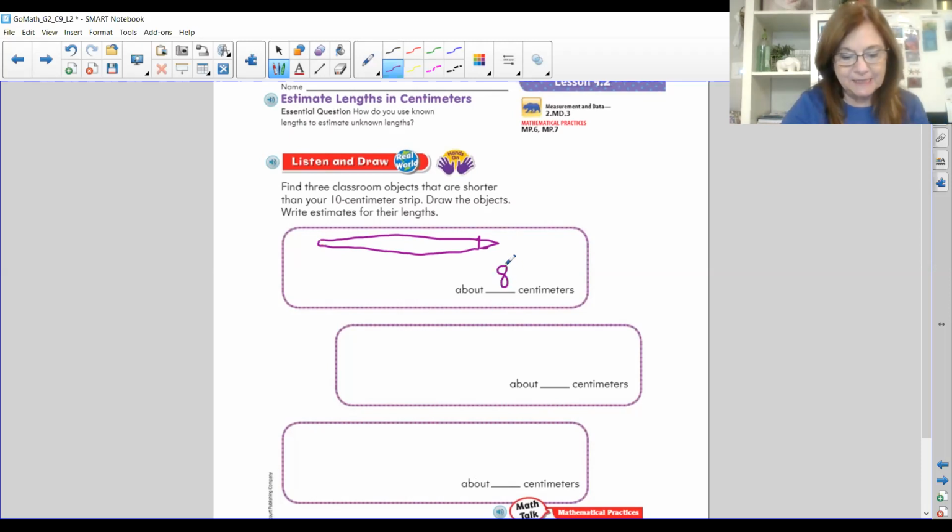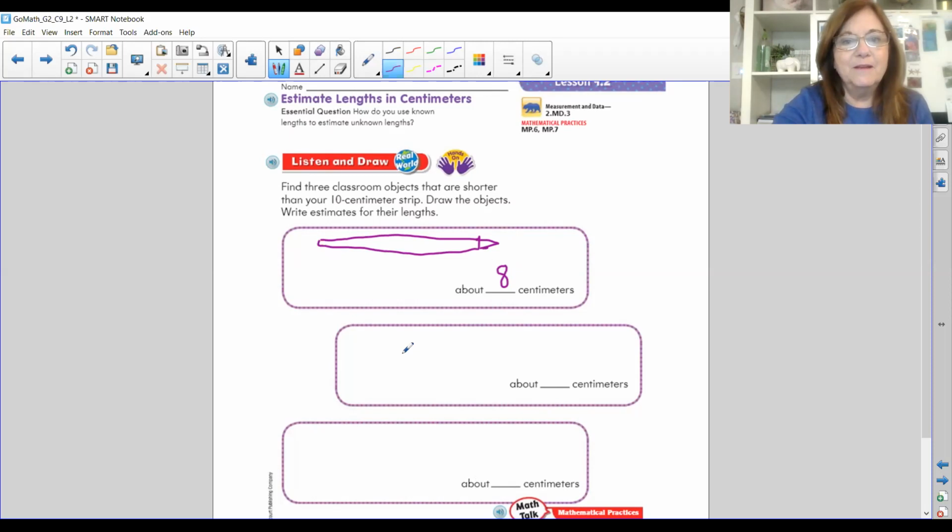And that's a good place to start, because now I'm not going to look at my centimeter ruler, but I'm going to look at the crayon, and then I'm going to look at my glue stick. Now it's shorter, but not much shorter. So what would you say, about 7 maybe?